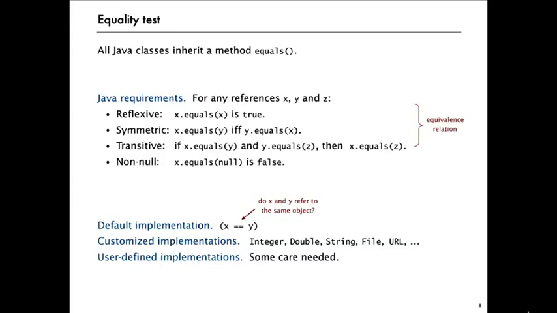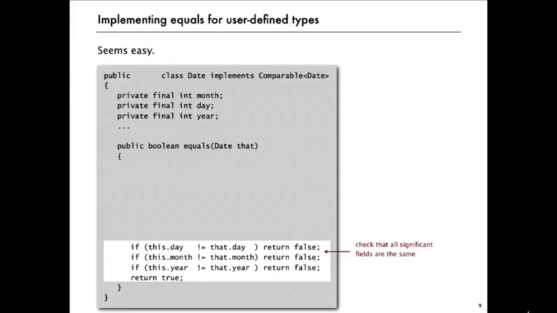If we're going to implement our own types and then use those types as keys in symbol tables, you have to exercise a little bit of care, and we'll talk about that briefly. Say we have this simplified date implementation that we talked about before. It's a mutable type, and every date has a month, a day, and a year. It seems like it should be easy to implement equals. Basically, we just check that all the significant fields are the same.